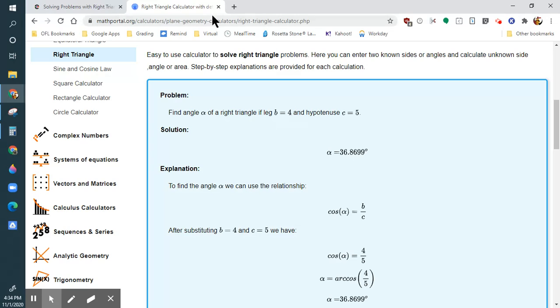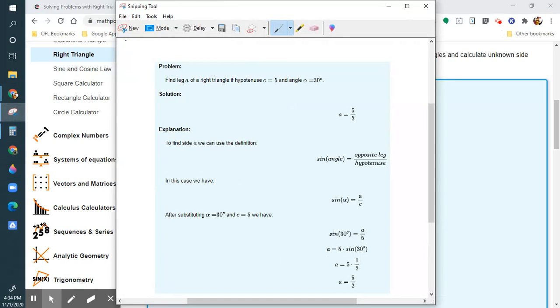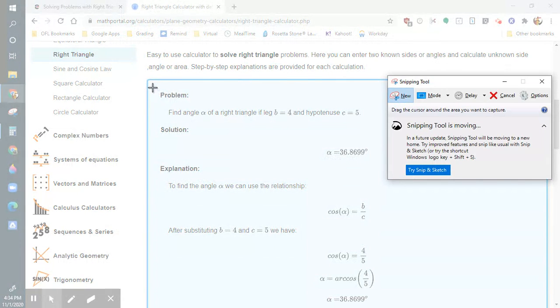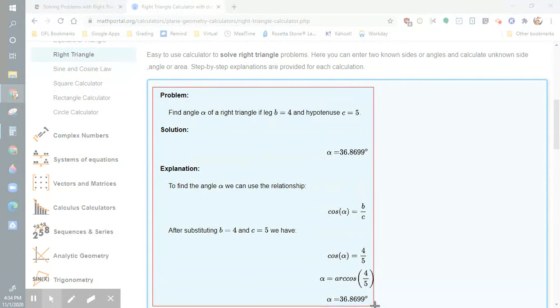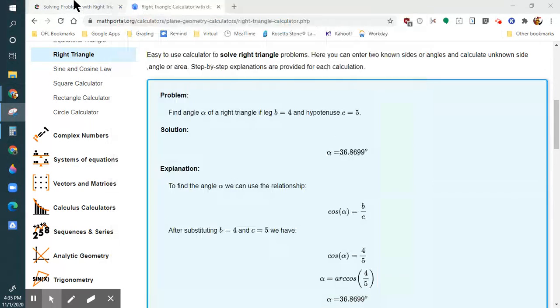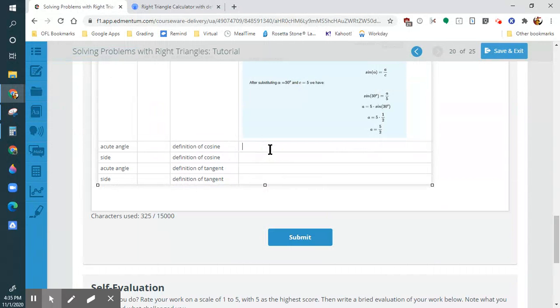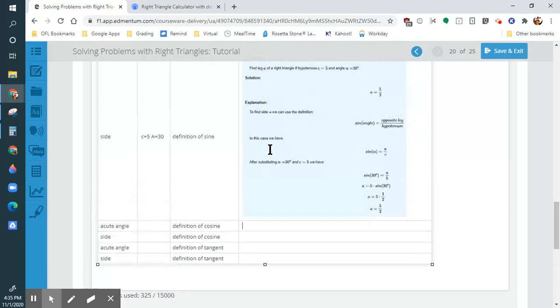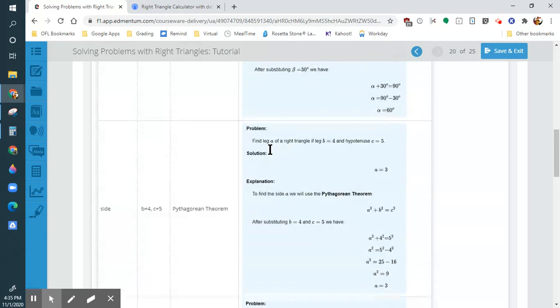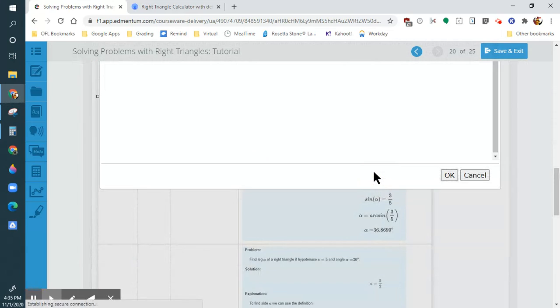All right, so I'm going to do my screenshot again. I wish I could just Control V, but unfortunately it doesn't let me do pictures. I have to scroll up.